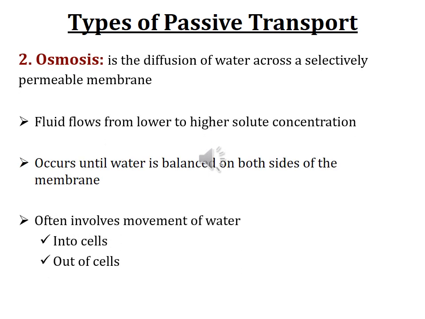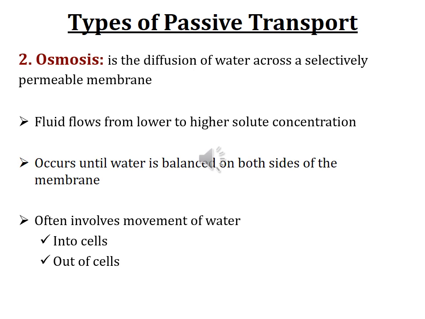The second type is osmosis. Osmosis is basically diffusion, so we're still talking about diffusion, but in this case, it's a name that is dedicated to water. So it is the diffusion of water across a selectively permeable membrane. Focus with me here, guys, this can tend to be a bit confusing. Osmosis is when water moves from low to higher solute concentration.